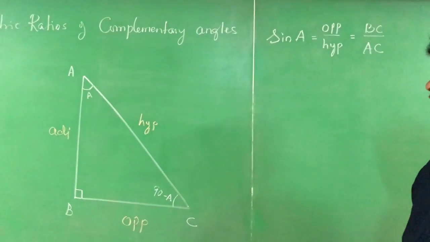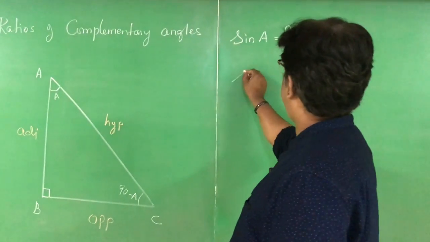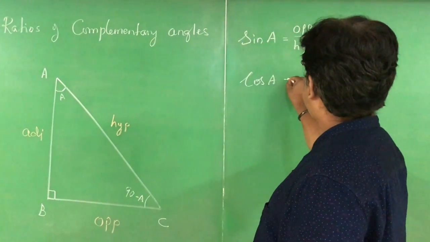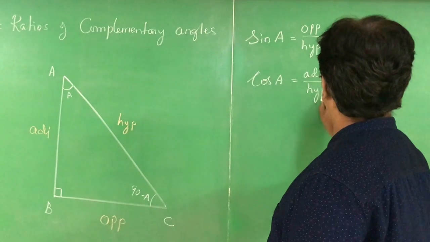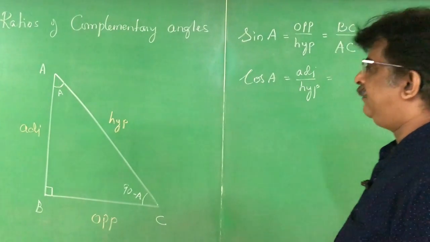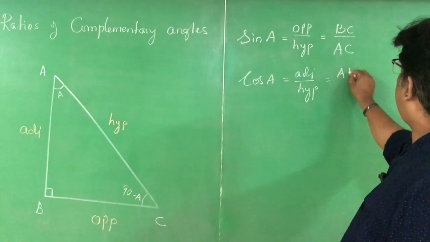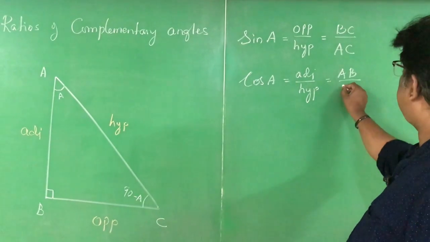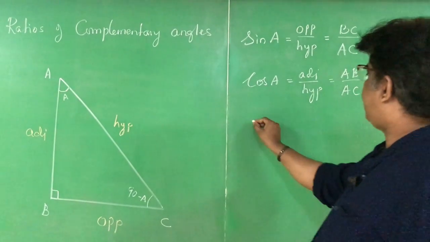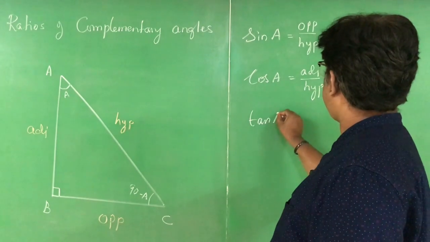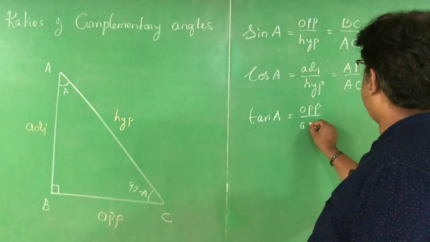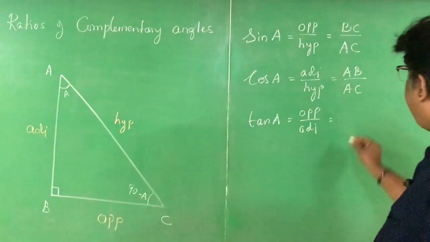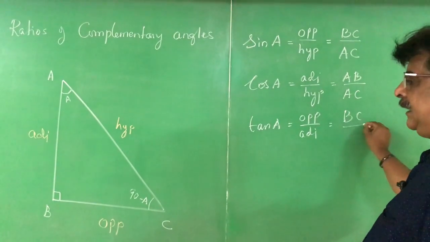Cos A is equal to adjacent by hypotenuse. Which is adjacent? AB. AB by hypotenuse AC. Next is tan A. Tan theta is equal to opposite by adjacent. Opposite is BC. Adjacent is AB.